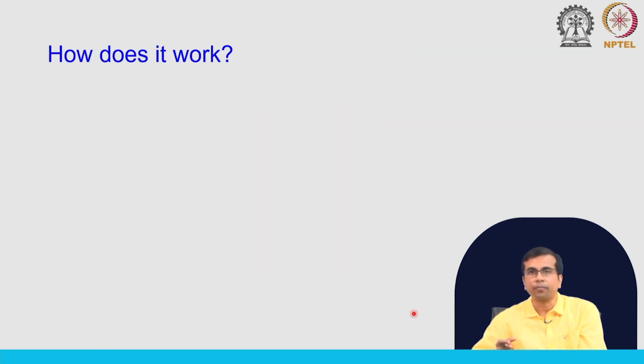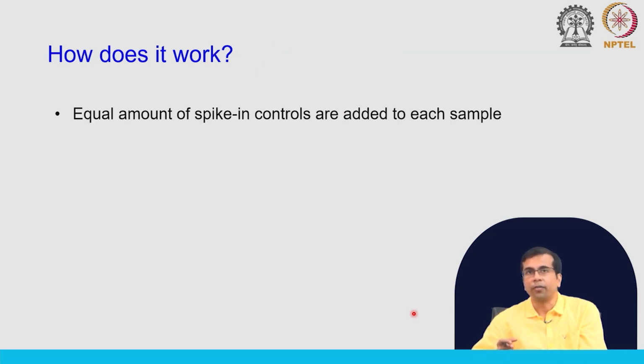So how does this method work? What we do is add an equal amount of spike-in controls to each sample. If you have 16 samples, we add exactly equal amounts of the spike-ins to these samples. There is no biological variation here, because we are adding this manually, after the RNA extraction.